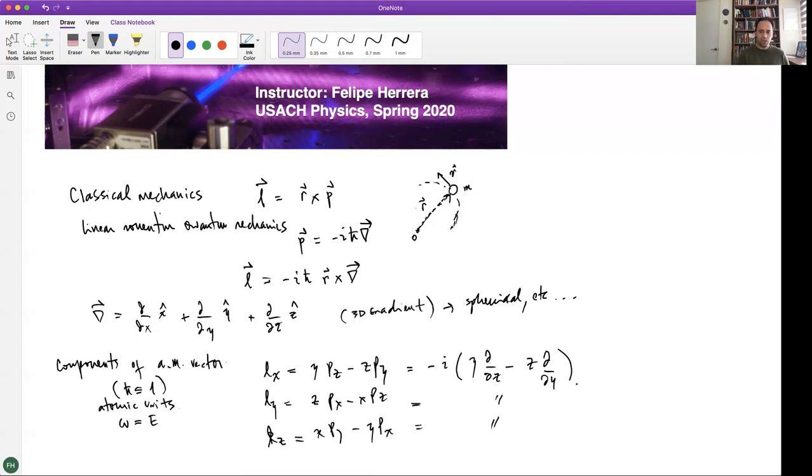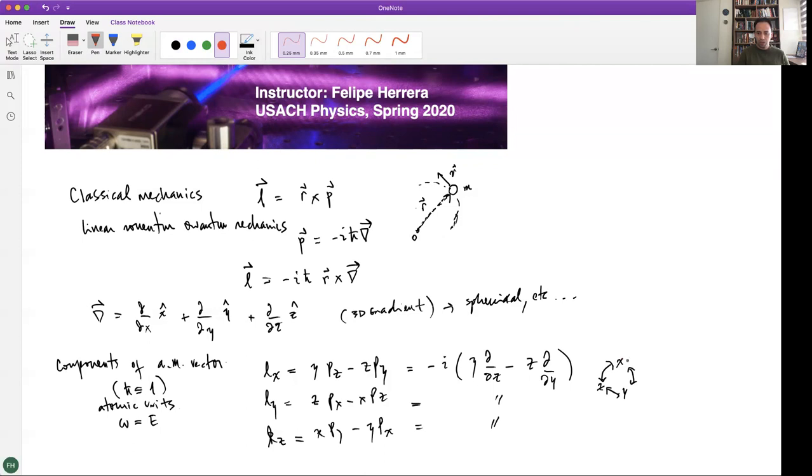Now, you can notice that the relation between the x's, the y's, and the z's is given by so-called cyclic relations. This is a mnemonic rule.